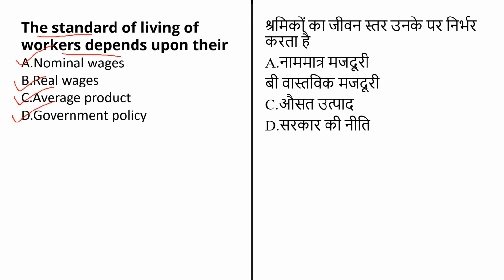The amount of goods and services which the laborer actually gets is called real wages, and the standard of living and the prosperity of the labor depend not only on his money wages but on his real wages. So the answer for this question will be option B, that is real wages.